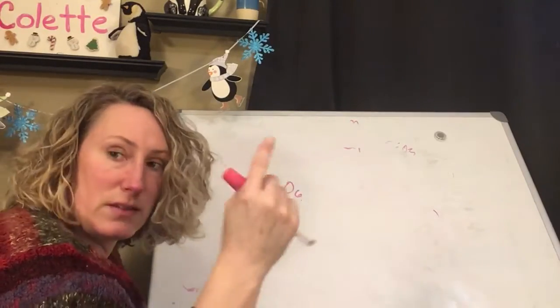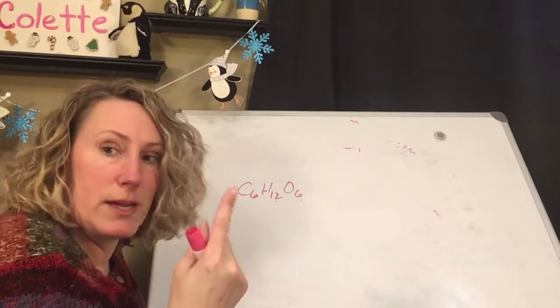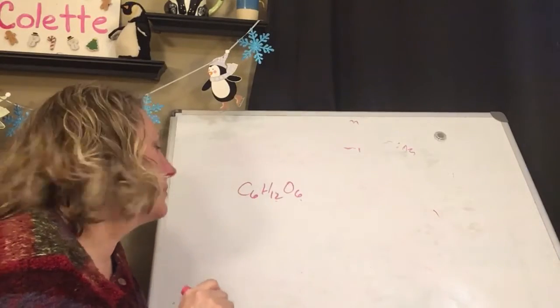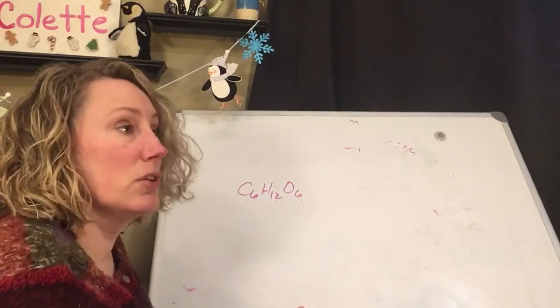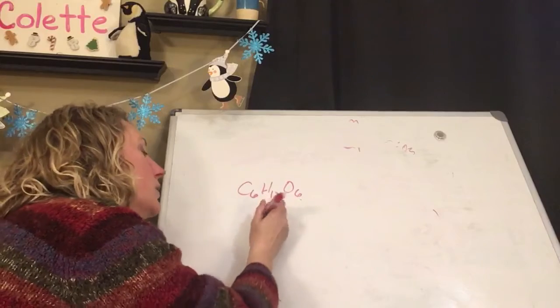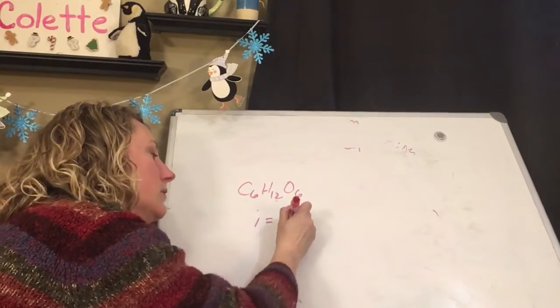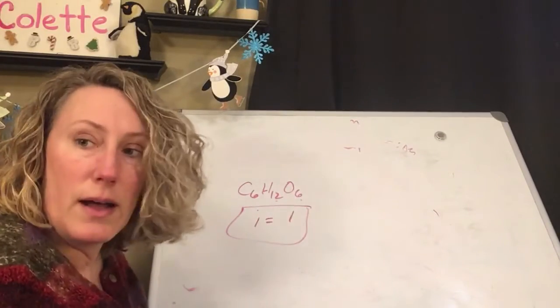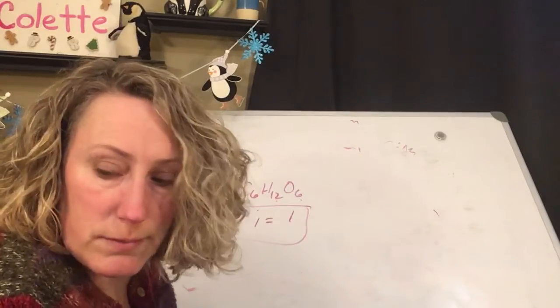It's just not. It's going to stay together in one piece. That's why you don't add sugar to your salt on the sidewalk. I have added sugar to my boiling corn though, but anyways, the i of any covalent compound is going to be 1. If you get an i of more than 5, it's wrong, okay?